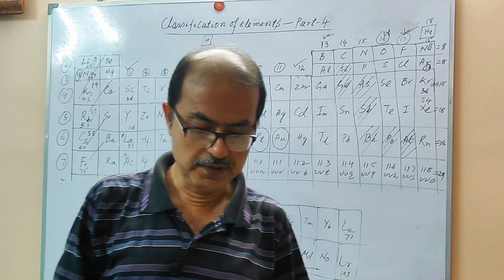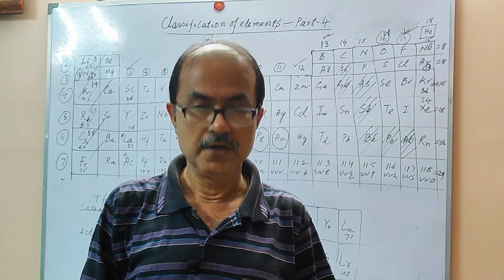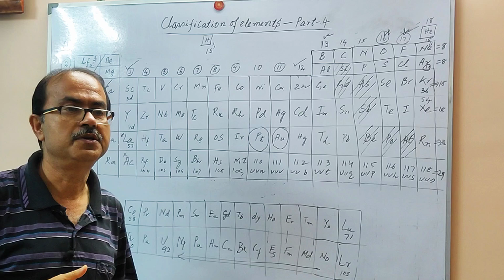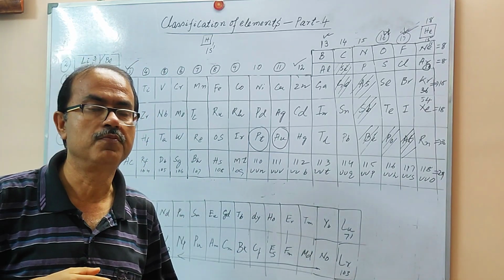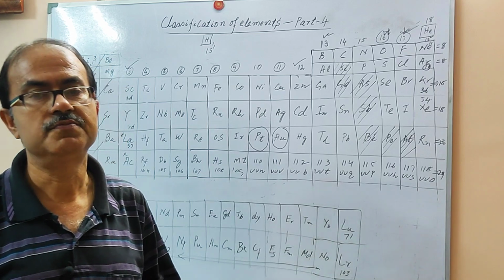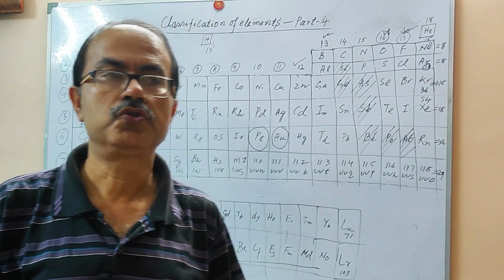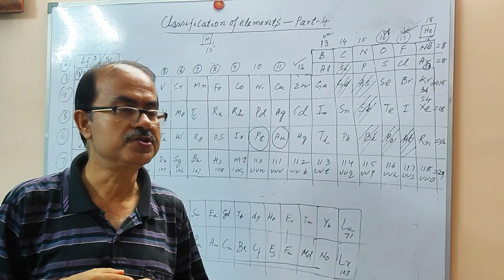Hello students, today we are going to discuss the classification of elements and the periodicity of the properties of the elements. This is basically the fourth video of this series.